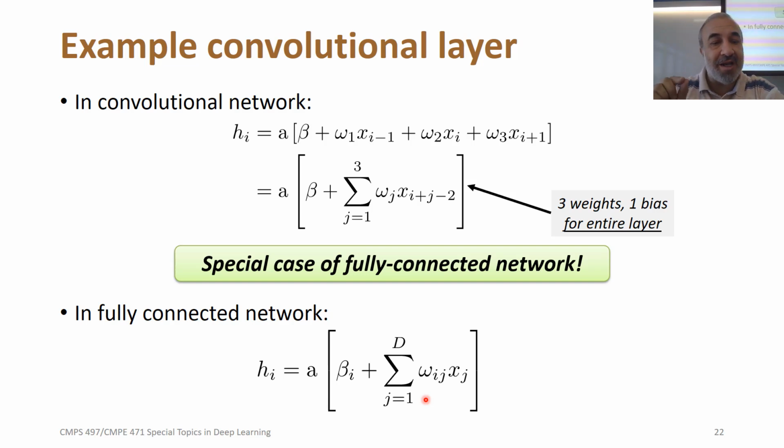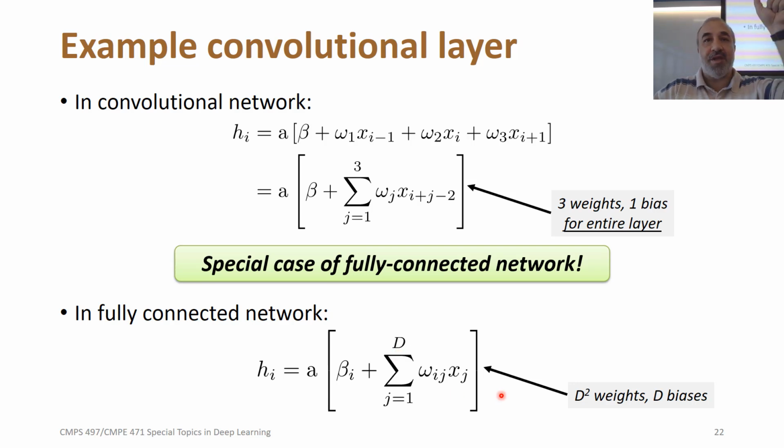So for one layer in a fully connected network, if we have D inputs and D hidden units, then we will have this square number of weights between the input and the first hidden layer. If we have D here and D here, then the number of weights is D squared, right?